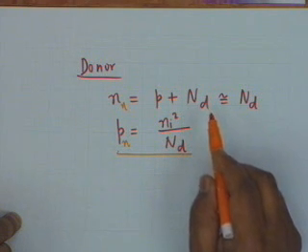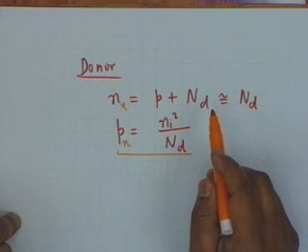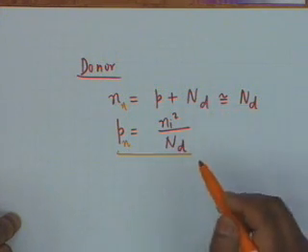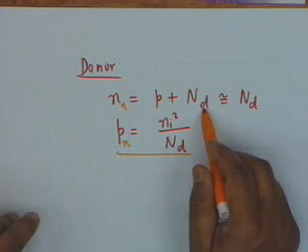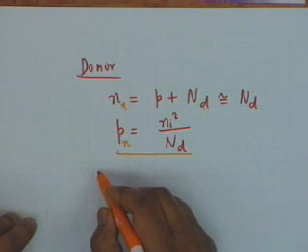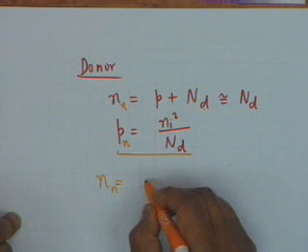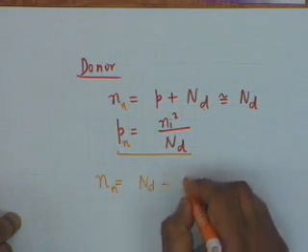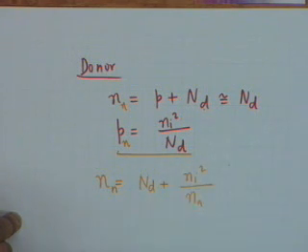If this is not true, that is, if the doping is not as large as to make Nd much greater than Ni, if Nd is comparable with the intrinsic concentration, then you shall have to solve a quadratic equation. That means you shall have to solve Nn equal to Nd plus Ni squared divided by Nn to be able to solve for Nn.